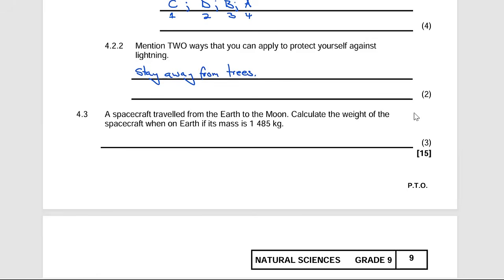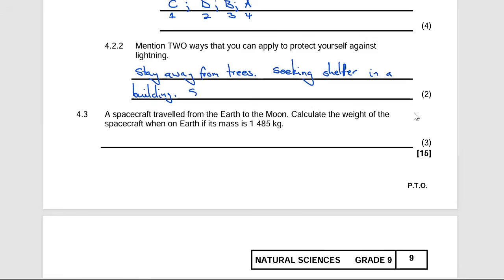Then also what you can do is seek shelter whenever it's raining to avoid lightning. Shelter can be inside a car or a building. So there is our option. Then another option that you can add is that you may need to stay away from high places.